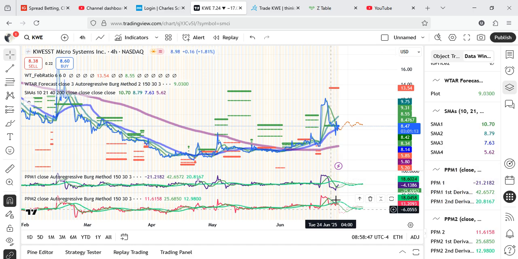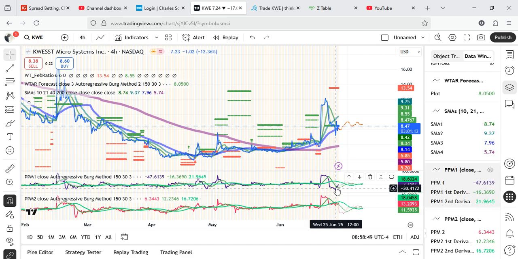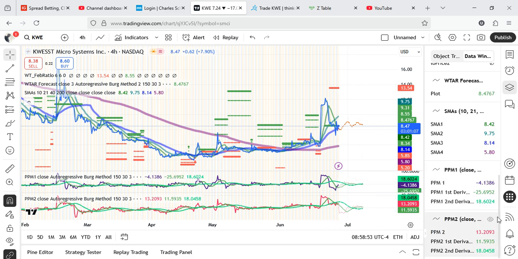However, the price pressure momentum of its 10 period moving average is still negative and improving. The first derivative is negative, you can see that, negative 2569.6952.